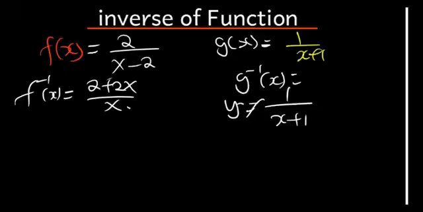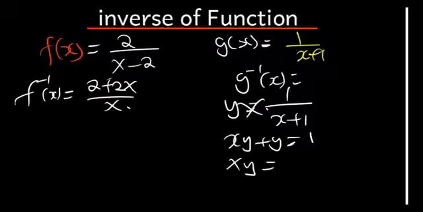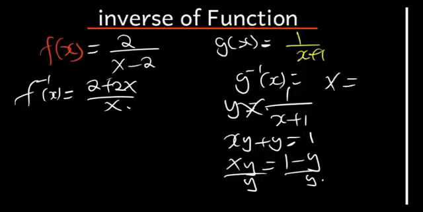I'm going to cross multiply. So I'm going to have xy plus y is going to be equal to 1. I'm going to shift y to the right hand side. It's going to be xy will be equal to 1 minus y. Next, I'm going to divide both sides by y. My x will be equal to 1 minus y divided by y.